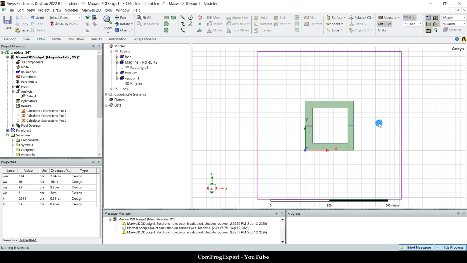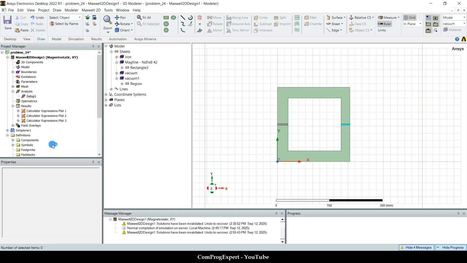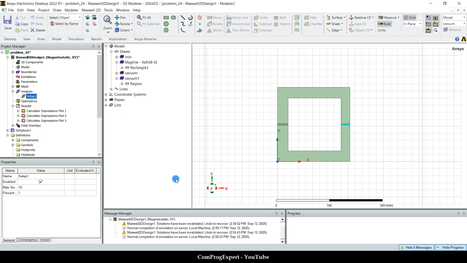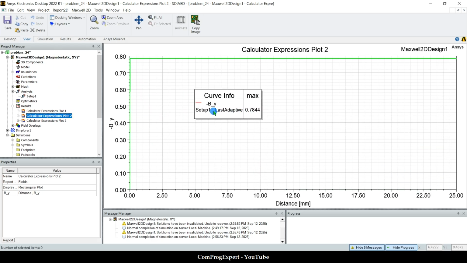So, let's repeat the analysis. Analyze to calculate the operating point using the ANSYS Maxwell and compare with what we have in MATLAB. Check our calculations. Yes, the average value of the flux density is 0.65, the value of the flux density in the air gap.